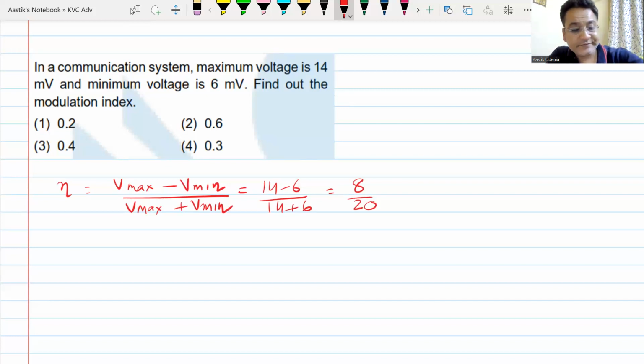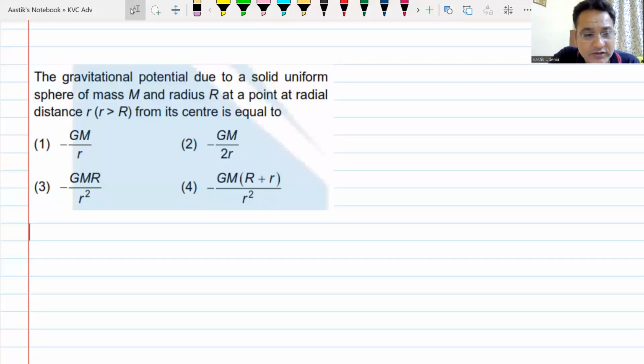Anyways, that takes me to the next question, and this is the straightforward one. The gravitational potential due to a solid uniform sphere of mass m and radius r at a point at a distance r from the center is equal to, and the answer is option 1, sir. Minus GM by r.